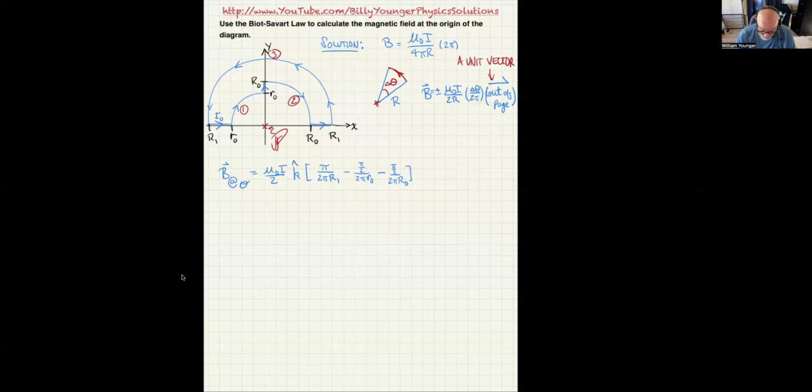So now I've got basically the entire thing worked out. I can write mu 0 I over 2 times k hat. Now I can cancel out all these pi's. That pi cancels out with that pi, that pi cancels out with that pi, and that pi cancels out with that pi. And what we see is we get 1 over 2 R1.